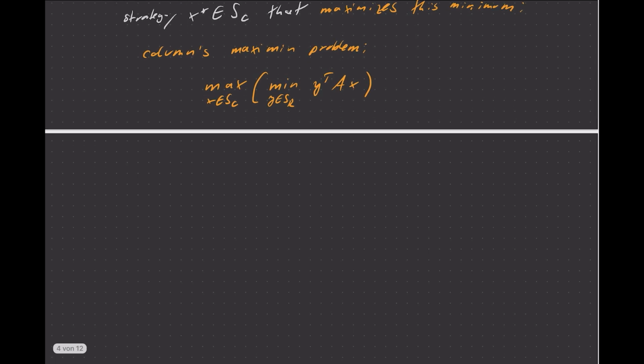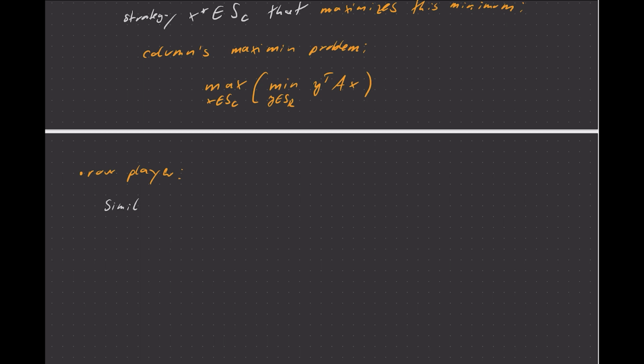Now let's have a look at the Row player. Things are similar for the Row player. The Row player can fix a strategy y star, and then Column's best response would of course be to maximize the payoff given that y star.